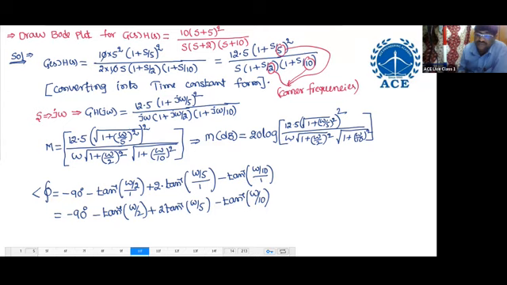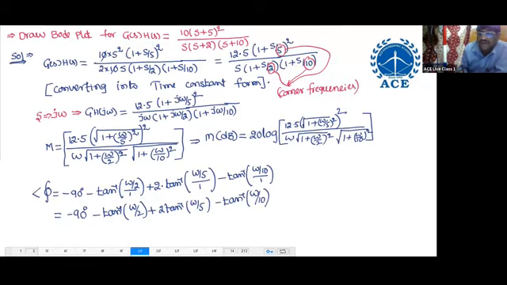Whenever they give the question, the first step is to convert the given transfer function into time constant form, which we already converted.